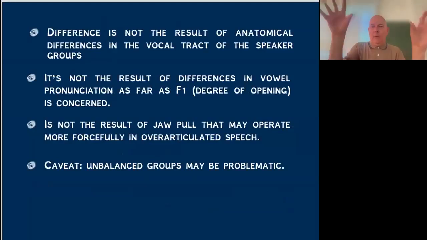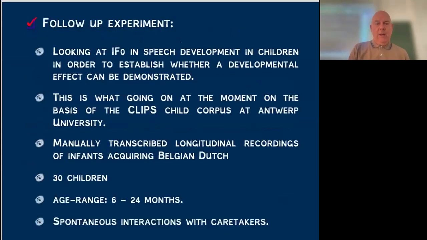So taking all of that into account, I think we have a reasonable hypothesis to say that the perceptual mechanism potentially plays a role, and that it's not unreasonable to assume that there's a perceptual enhancement component and function of IF0 in this particular context. But we do need more data.